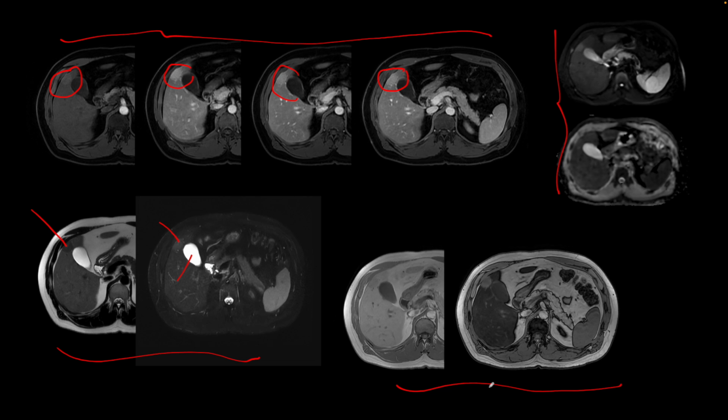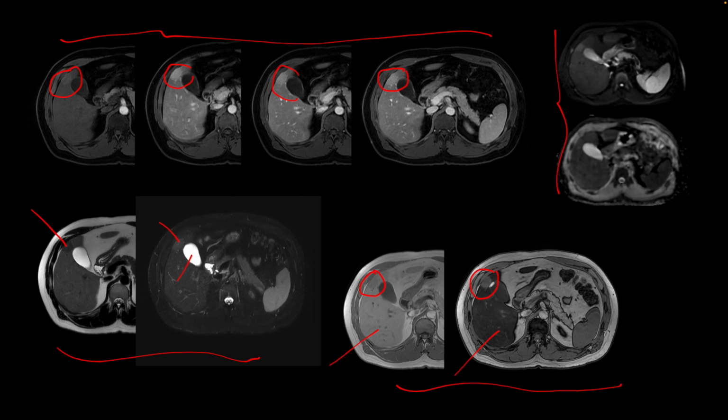But when we look at in and out of phase images, this is the in phase image, this is the out of phase image. On the out of phase image, most of the liver drops the signal. So there is hepatic steatosis, except for this focus, right? It does not drop signal. So putting everything together, that there is some apparent enhancement, there is some low signal on T2 and high signal on T2 fat sat.